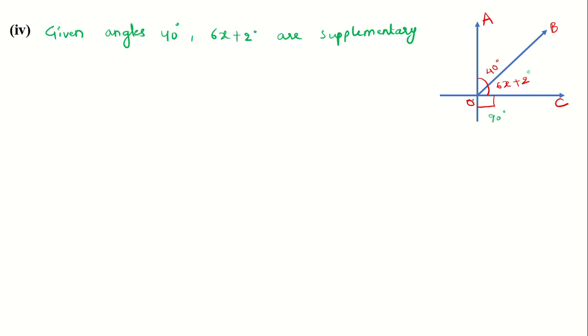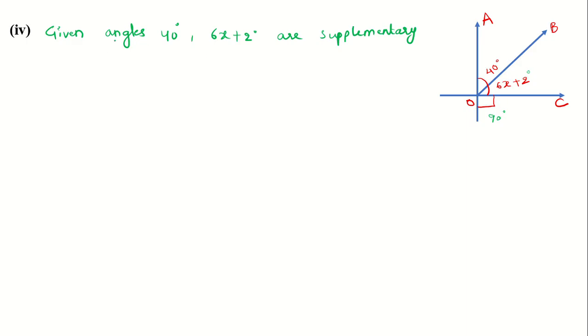See here, these two angles AOB and BOC, these are not fully on a straight line. They are half. So, let us assume that given angles 40 degrees and 6x plus 2 degrees are supplementary because they form a straight line.